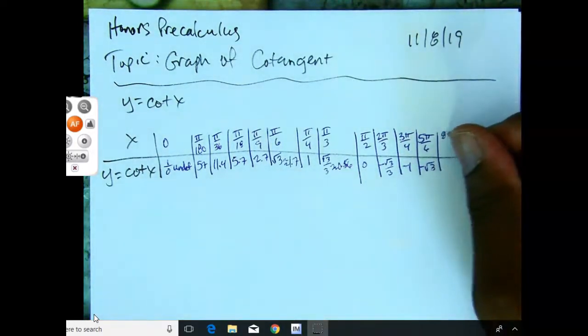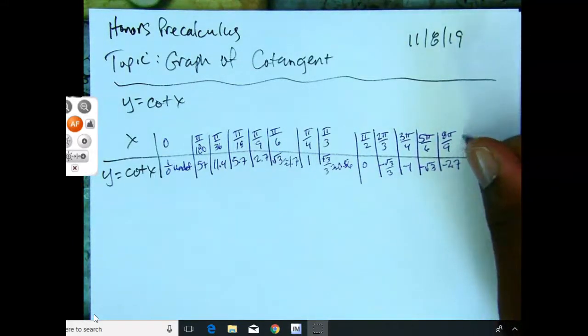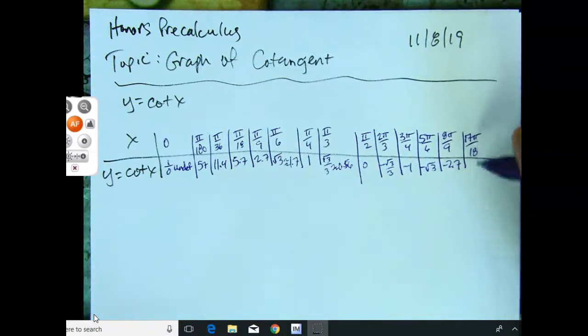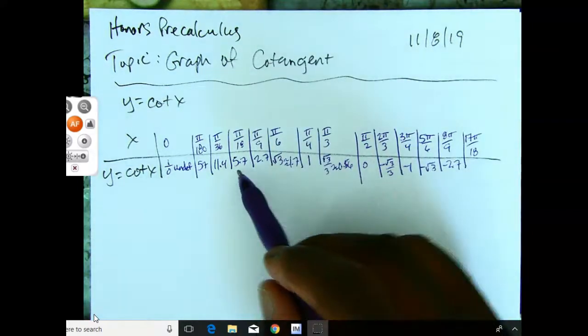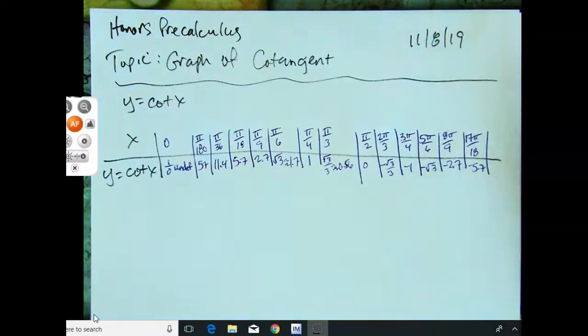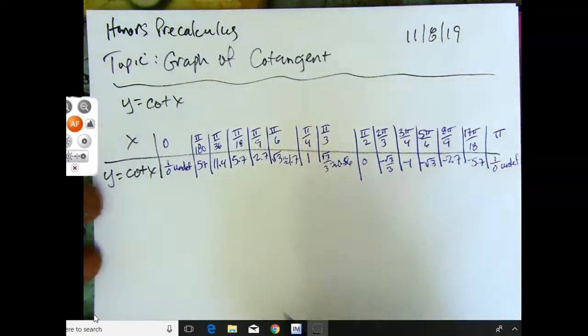At 8 pi over 9, cotangent is negative 2.7. At 17 pi over 18, cotangent is negative 5.7. And then finally at pi, cotangent is 1 over 0, which is undefined. So at 0 and at pi, we're going to get vertical asymptotes.